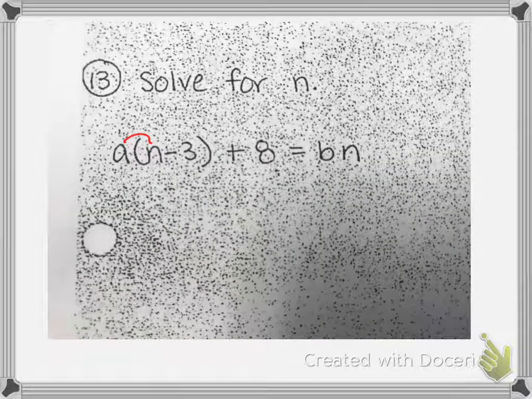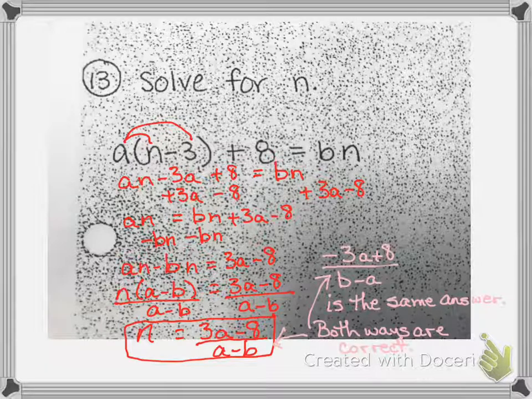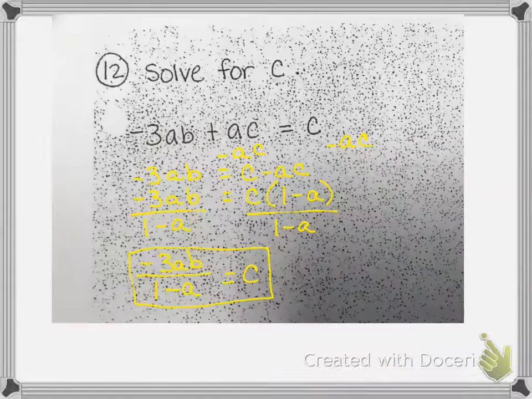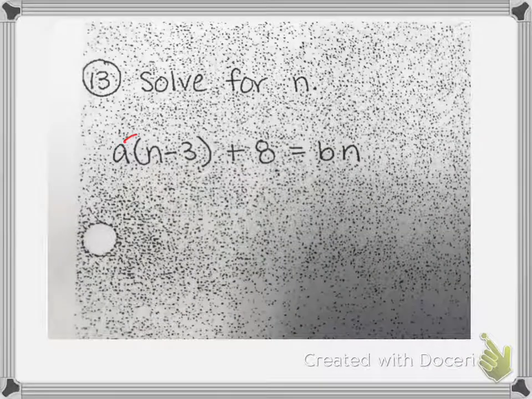Solving for n. I'm going to first distribute my a into my n minus 3. So a times n minus 3 gives me an minus 3a plus 8 is equal to b times n.